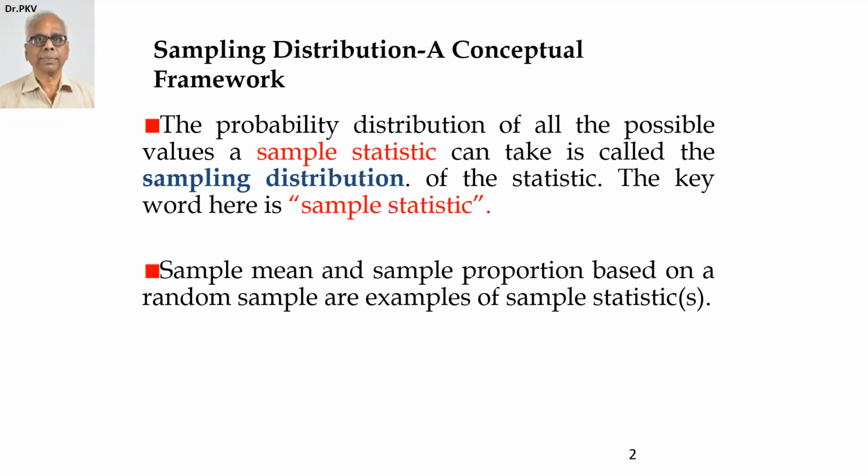Another sample of size 20 randomly I take and compute X bar. There are several ways I can draw a sample of size 20 from a population, and I will generate a number of X bars. The distribution of all those X bars which I generate is called the sampling distribution of the mean X bar. So let us now formally define this.